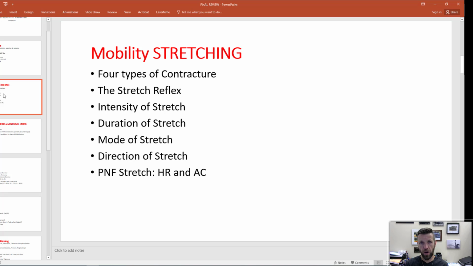Well, this is also very important. So you need to know that the direction of stretch is opposite of the muscle's action, right? So you may want to be saying that throughout the course of your test, especially if you're seeing a stretch question. The direction of stretch is opposite the muscle action.